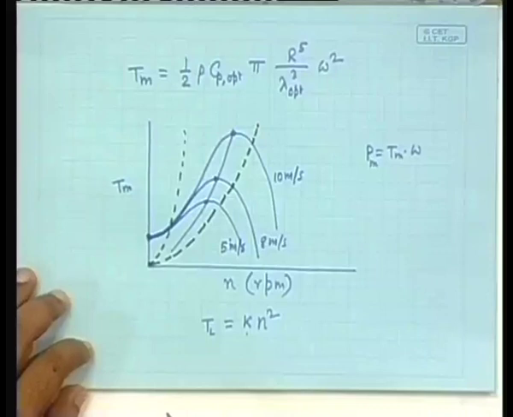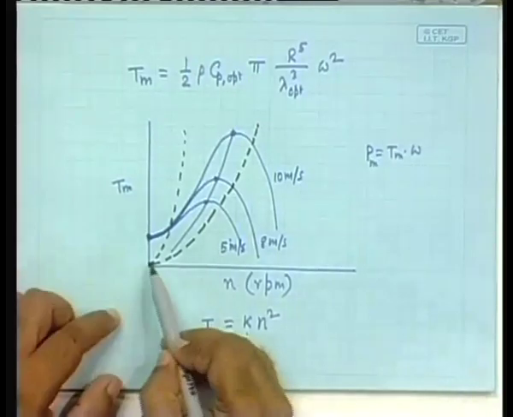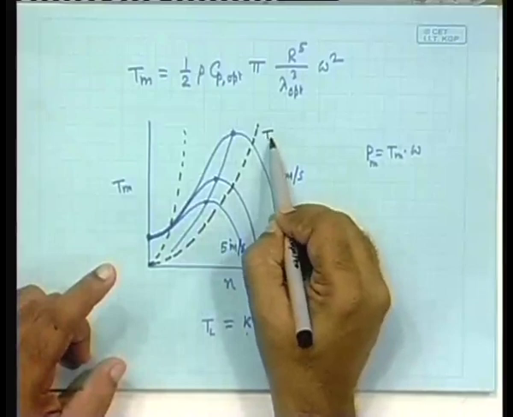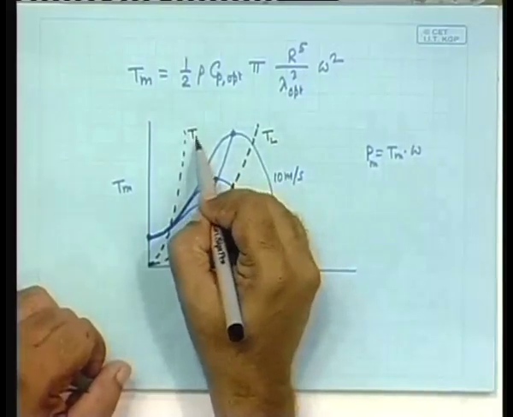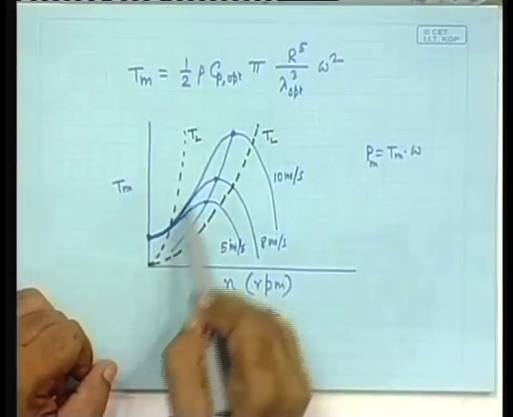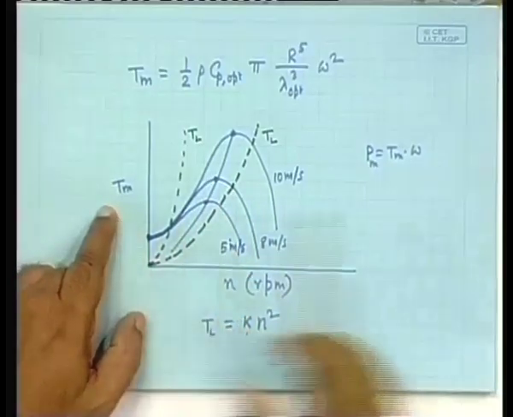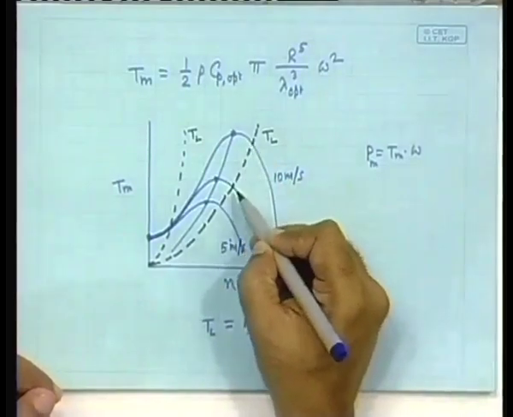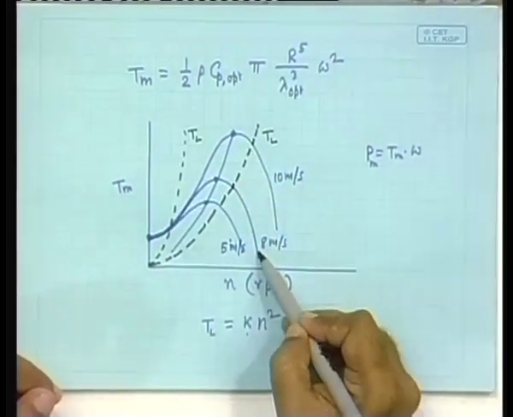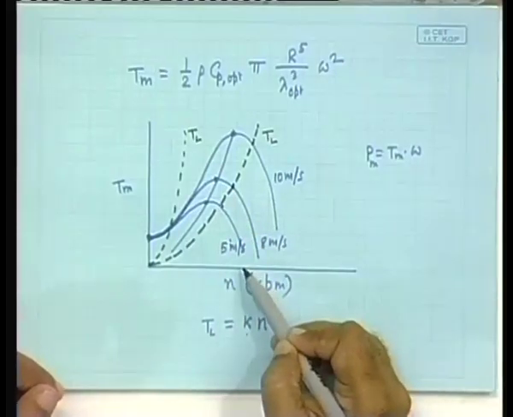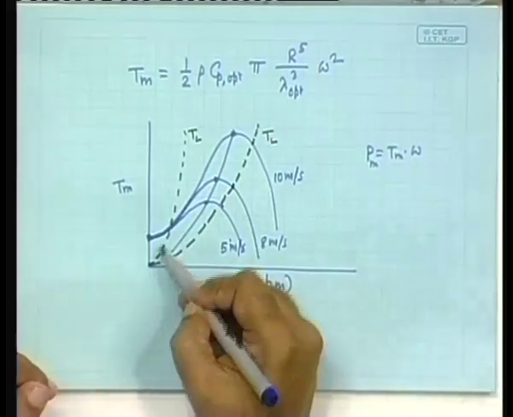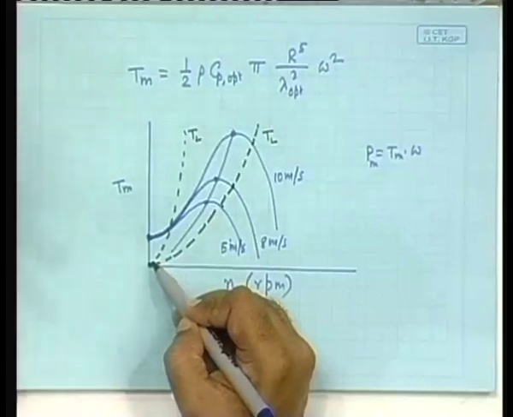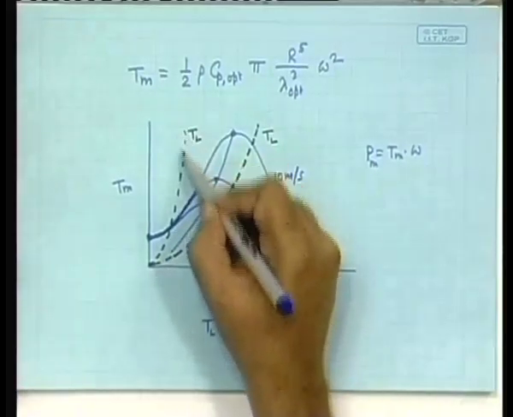What is the result of that? Notice this is the characteristic of the load torque TL, and this is the characteristic of the generated torque. It will always operate where the load torque equals the generated torque. So, normally the operating point would be here at this wind speed, here at this wind speed, here at that wind speed. But if you have a high value of k, so the character is like this, what will happen?